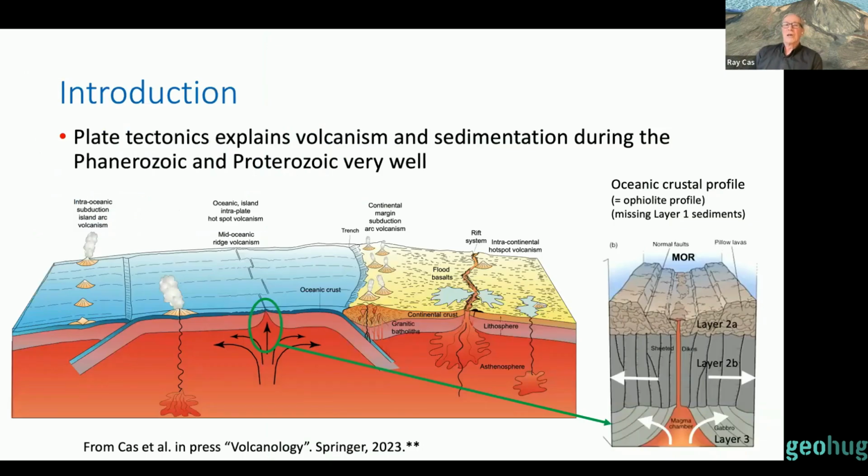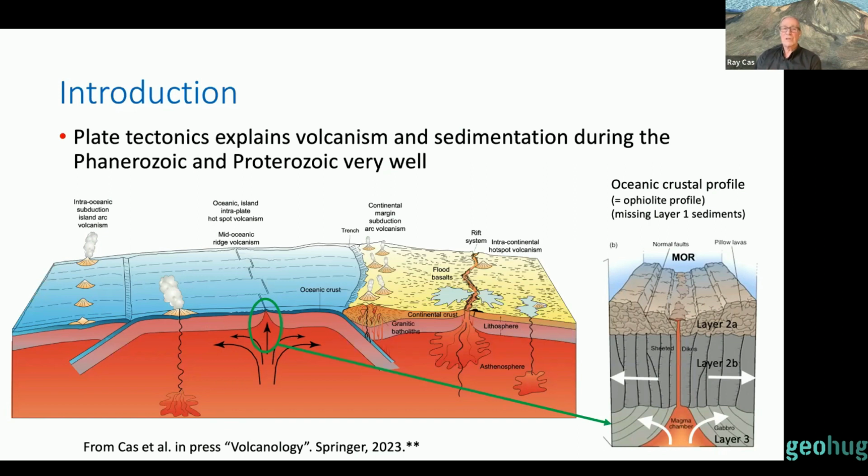So to begin with, plate tectonics basically is a pretty good tectonic paradigm, particularly for the Phanerozoic, and it's also widely accepted as being valid back into the Proterozoic. But there are some questions about the degree to which it also applied in the Archean. Now, we all are familiar with the essentials of plate tectonics. So basically, new oceanic crust and lithosphere is generated at mid-oceanic spreading ridges, shown in the circled green area there.